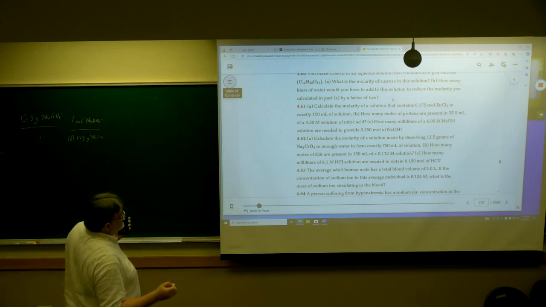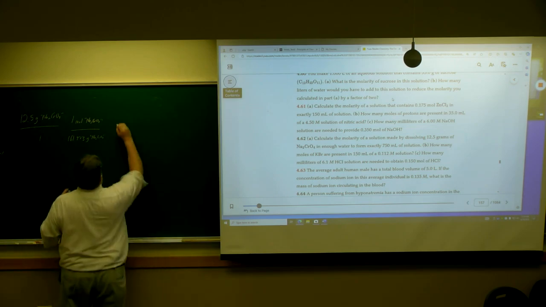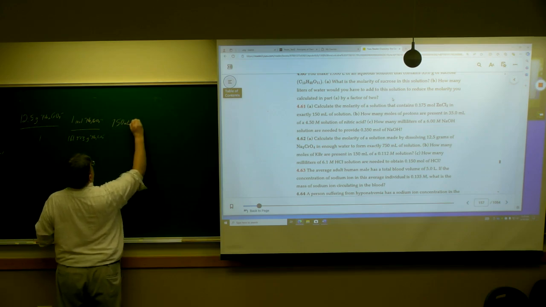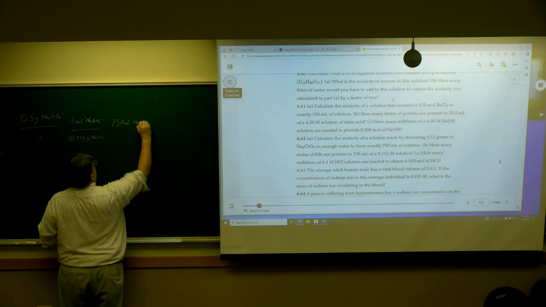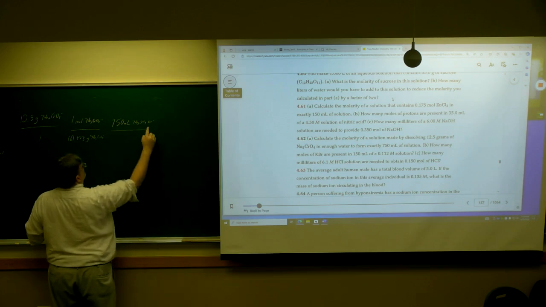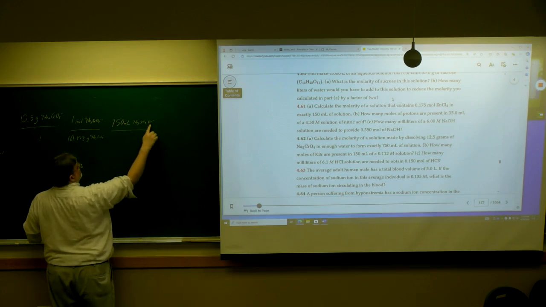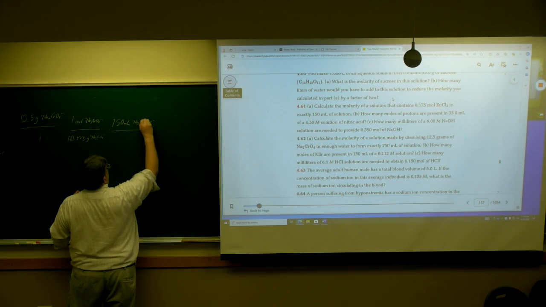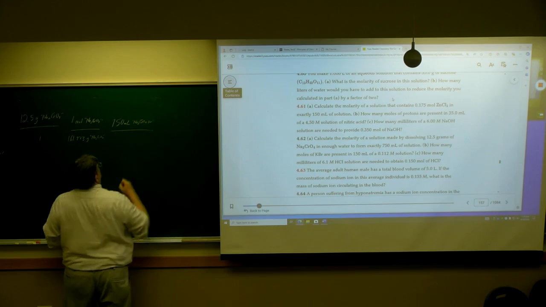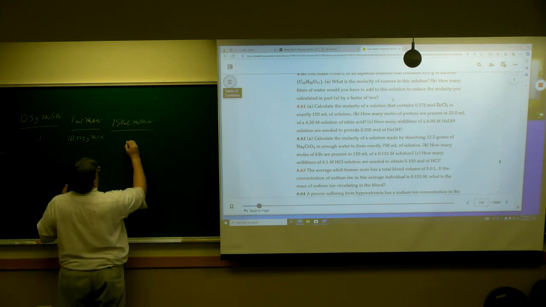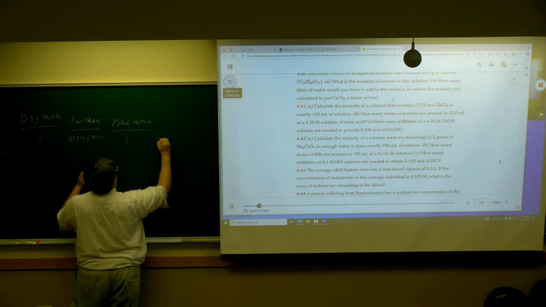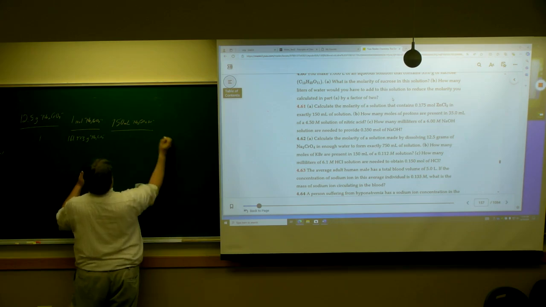What am I missing? 750 milliliters solution. So I'm just putting SOL for solution because it's sodium chromate solution, and I'm running out of room.